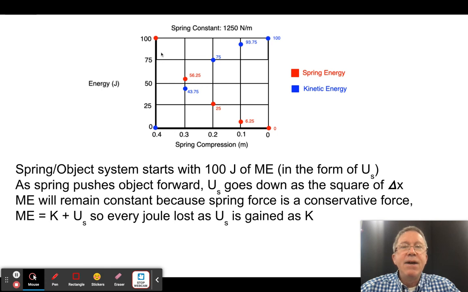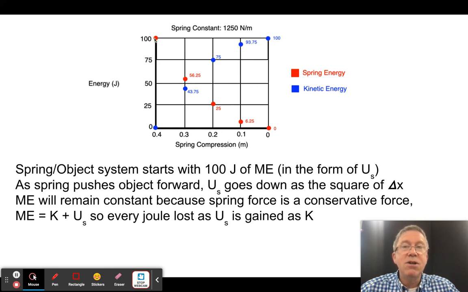Now, as that object moves towards 0 displacement, what's going to happen here? Think of it this way: when it is halfway compressed, so I went from 0 to 4, half of that is 2. If I have half the compression, that means I have 1/4 the amount of energy still present in it.